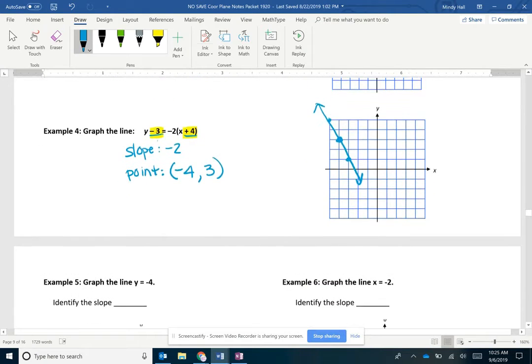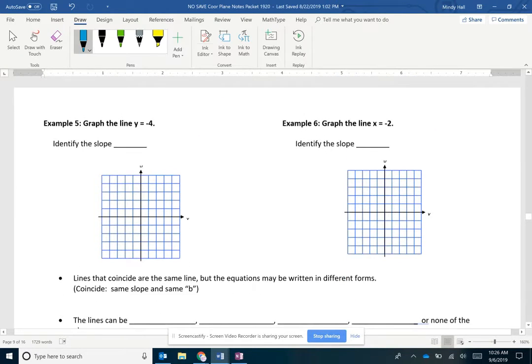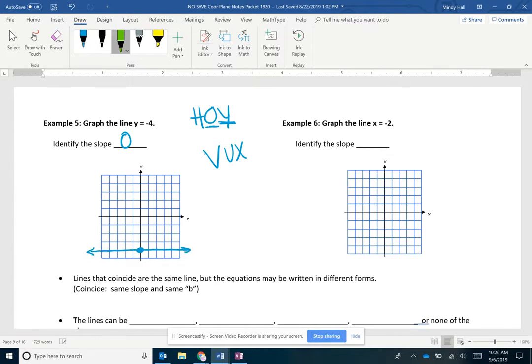All right, so then if I want to graph the line y equals -4, it's a y equals, which tells me my slope is 0, and then I know it's a horizontal line. So at -4, 1, 2, 3, 4, I'm going to put a point, and I'm going to draw my line, like so. Yay!